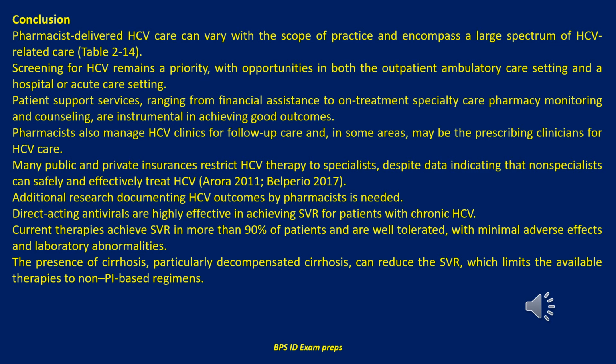Direct-acting antivirals are highly effective in achieving SVR for patients with chronic HCV. Current therapies achieve SVR in more than 90% of patients and are well tolerated, with minimal adverse effects and laboratory abnormalities. The presence of cirrhosis, particularly decompensated cirrhosis, can reduce the SVR, which limits the available therapies to non-PI-based regimens.